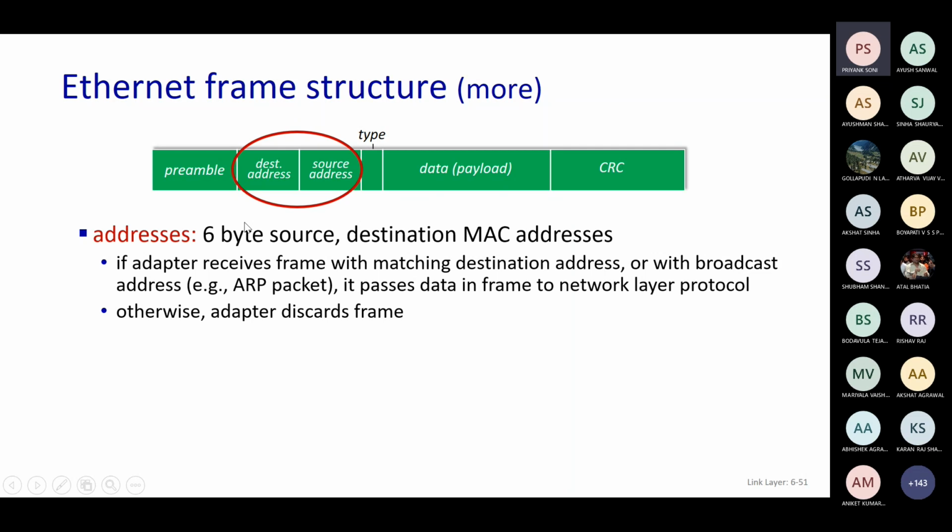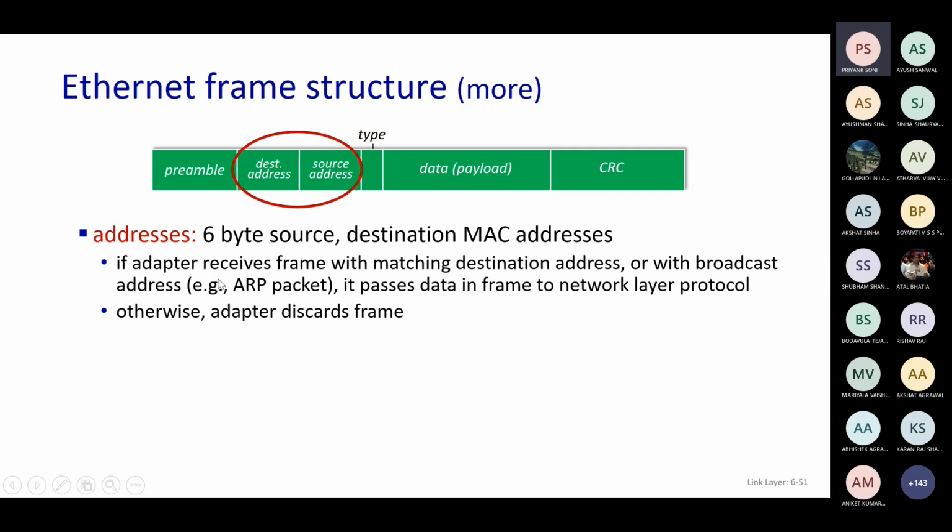Now let's see a little bit in detail. These two are the destination and source addresses. Because we are dealing with layer 2 addresses, these will be MAC addresses.